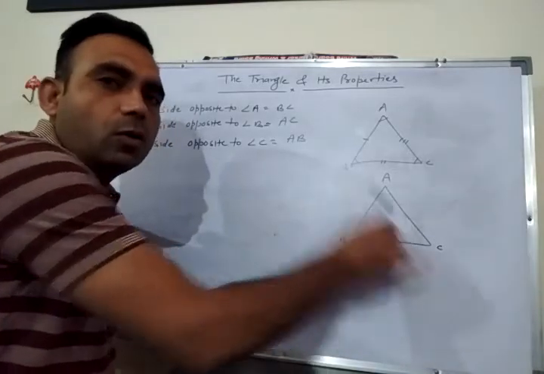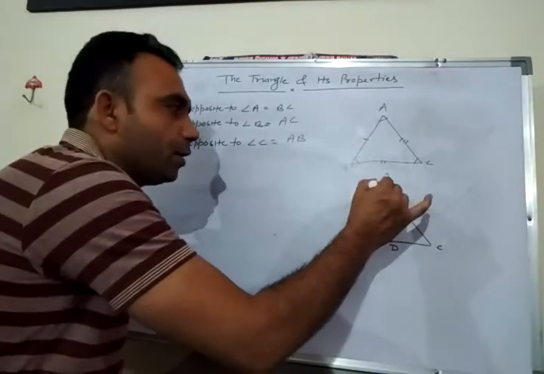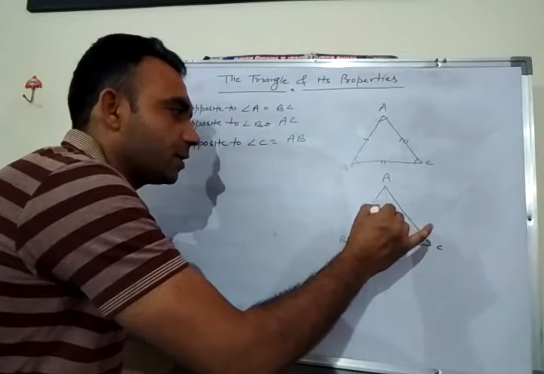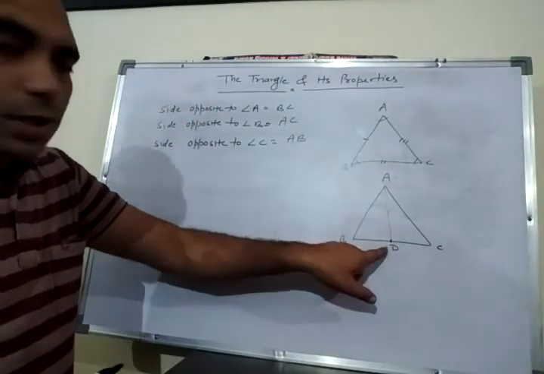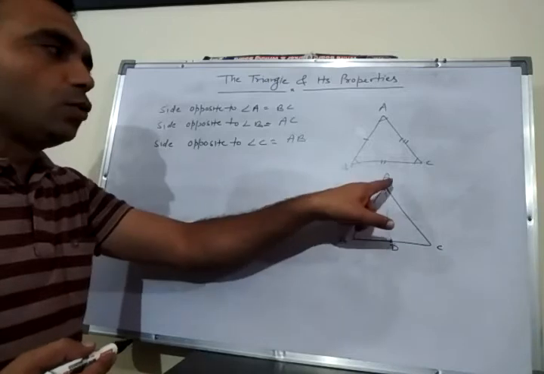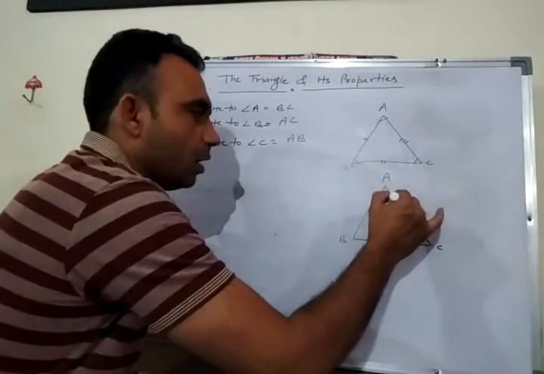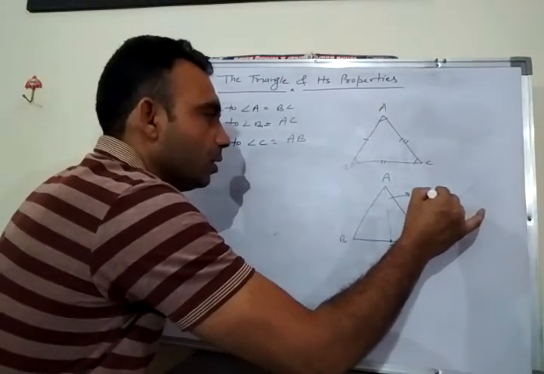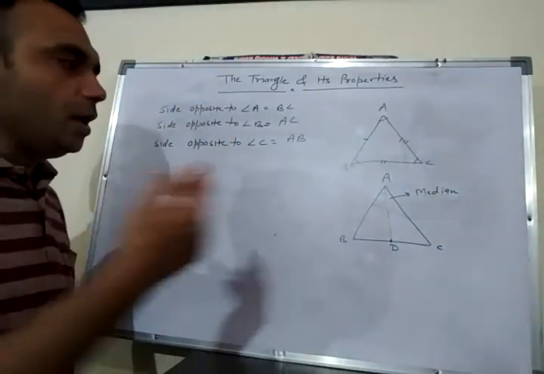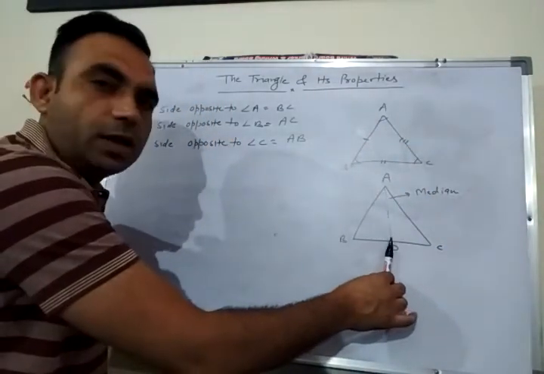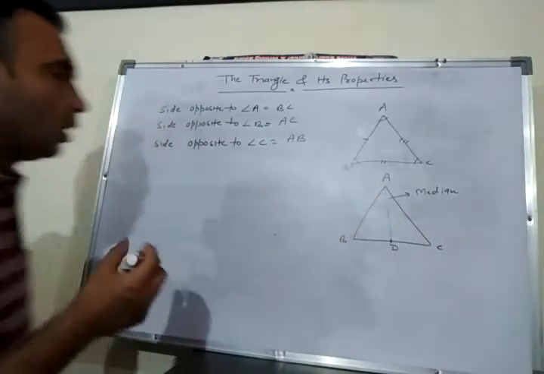BD is equal to CD, and join it to the opposite vertex. Then the line segment joining the midpoint of any side to the opposite vertex is called a median. So what is a median? The line joining the midpoint of any side to the opposite vertex.